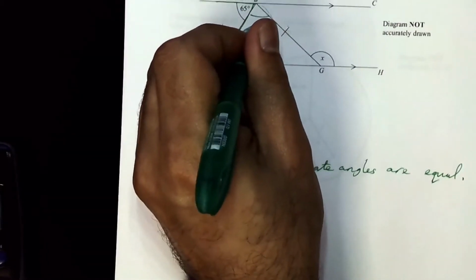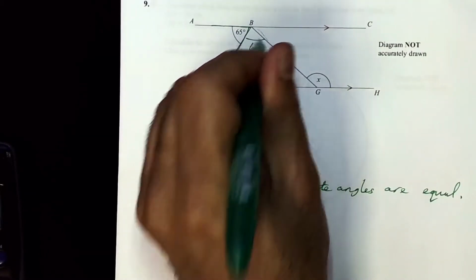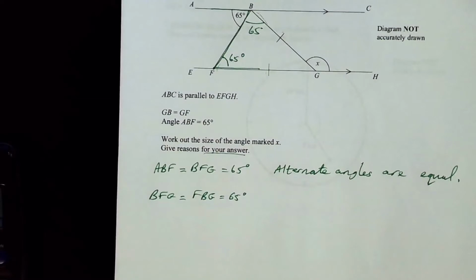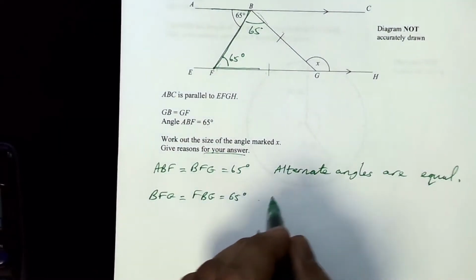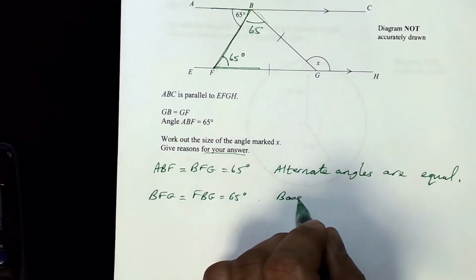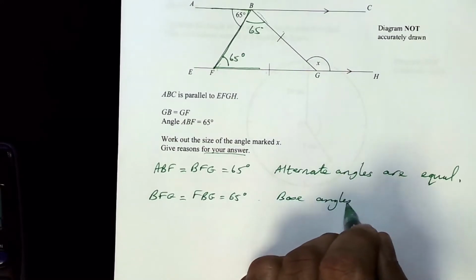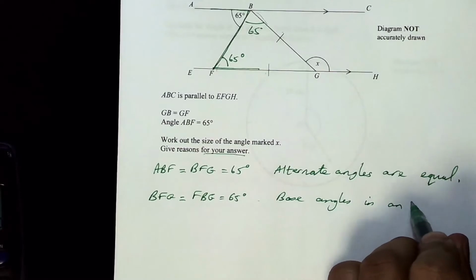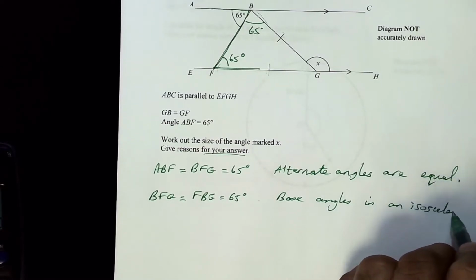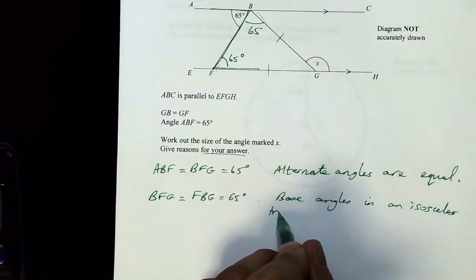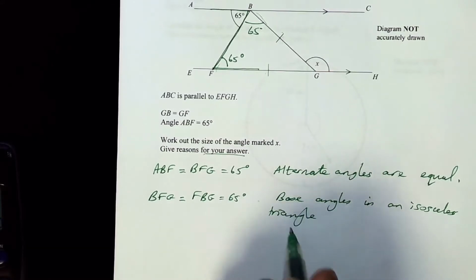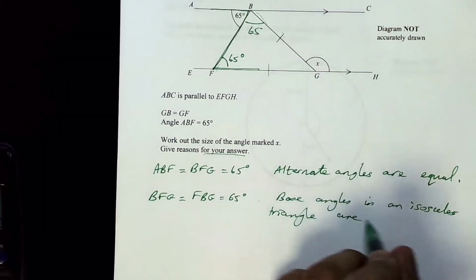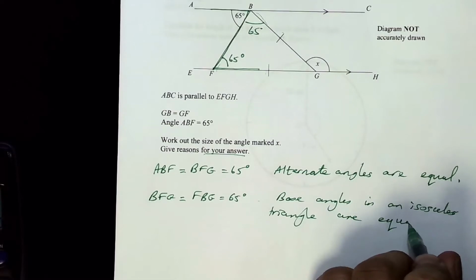Again, I'm going to put it onto the diagram as well, and write my reason next to it: base angles in an isosceles triangle are equal.